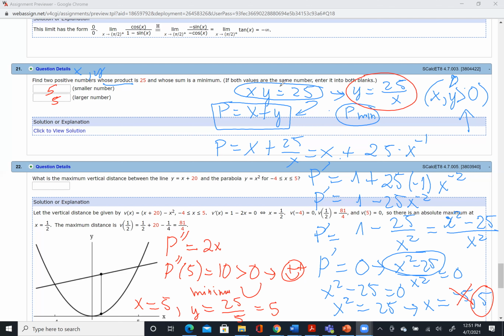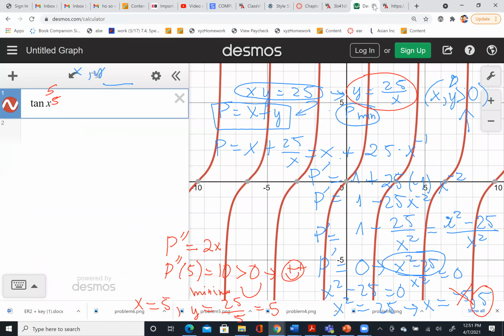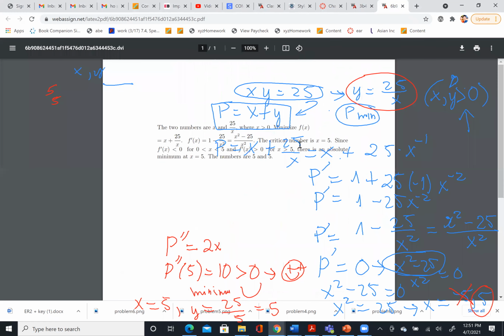Yeah, the smaller and larger number just equal each other. So 5. Okay, let's check the solution and see if I am doing it correctly or not. Maybe wrong. Let's see. Okay, so they have 5 and 5. Good. So we are doing correct.